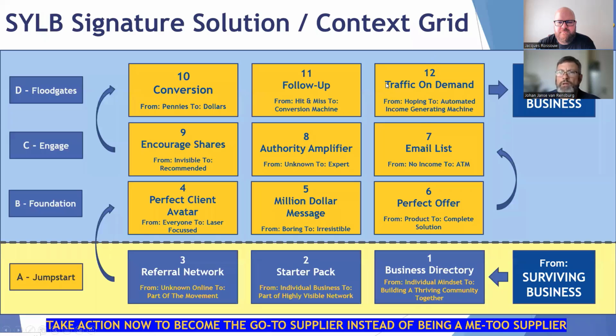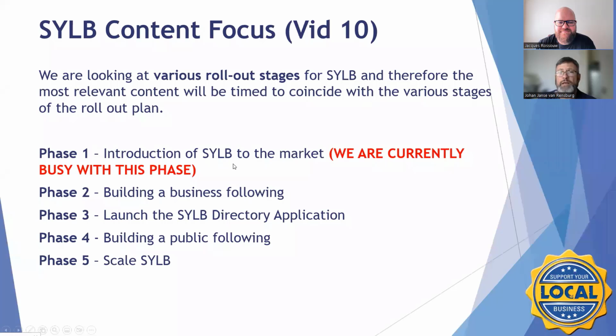So you will literally go and see, if I want to build my referral network, what do I need to do? So I'm going to go through these 12 steps and identify for each one of those steps what we are going to do with regards to phase 1, phase 2, phase 3, phase 4, phase 5. That's how easy it becomes.